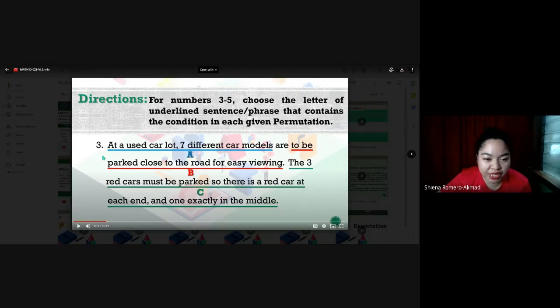For example, number 3: at a used car lot, 7 different car models are to be parked close to the road for easy viewing. The 3 red cars must be parked so there is a red car at each end and one exactly at the middle. Which of A, B, or C is the phrase or sentence that contains the condition?